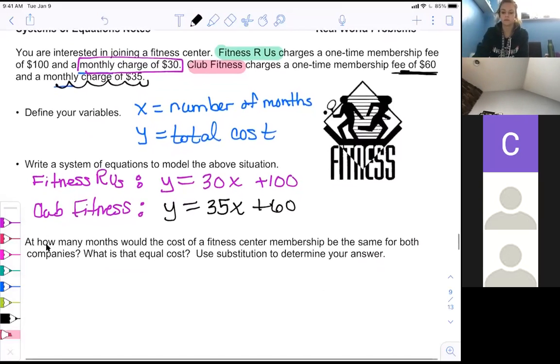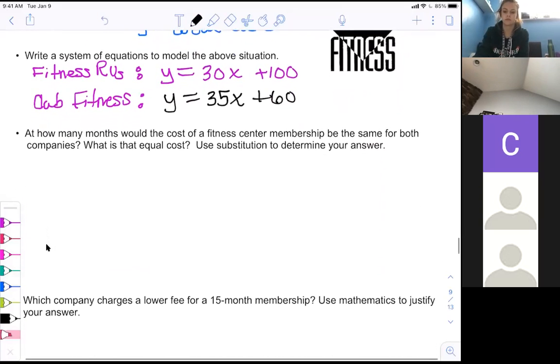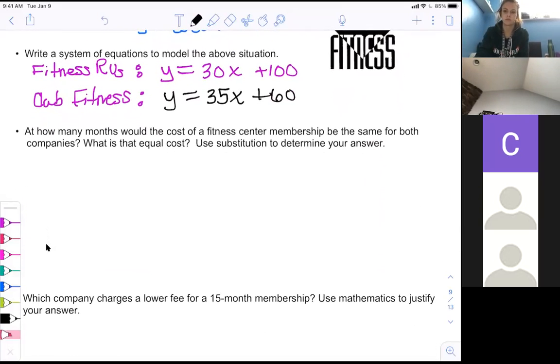All right, so here's where the problems are different. This question says, how many months would the cost of a fitness center membership be the same? So how many months would the cost be the same for both companies? We want to figure out, when are they equal?